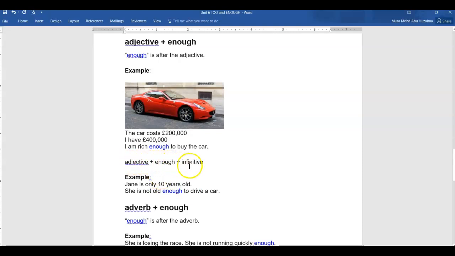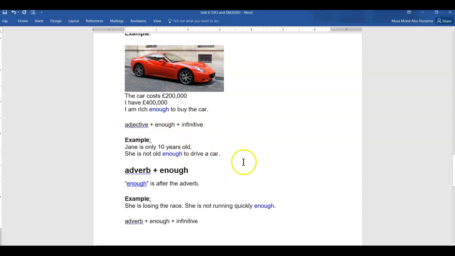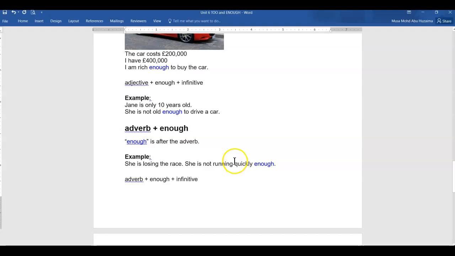Adjective plus enough. And now we can use adjective plus enough plus infinitive. Example, she's not old enough to drive a car. Okay? Enough here is used after the adjective plus infinitive, to drive. Now, with adverbs, enough is used after the adverb. Okay? Exactly like the adjective.